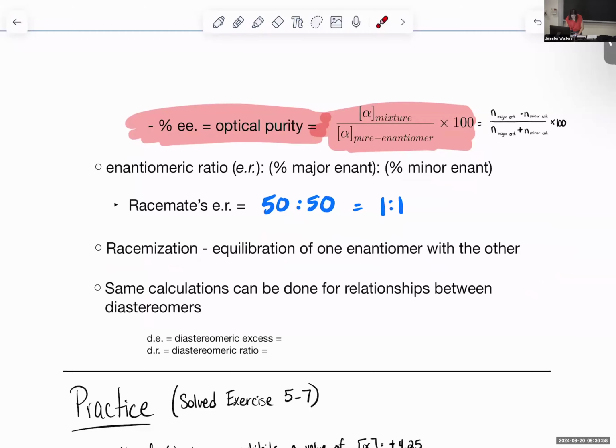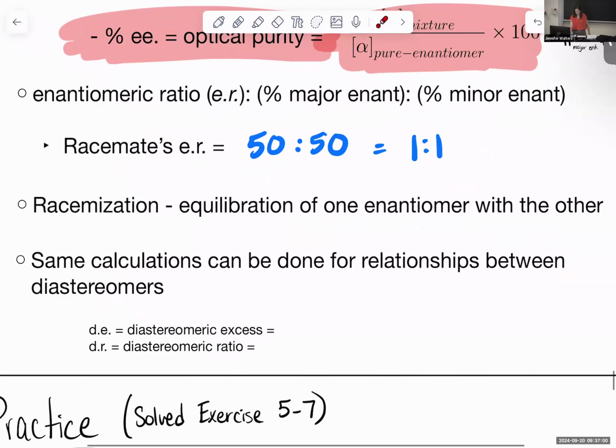Our calculations can also be done for relationships between diastereomers, in which case instead of EE, it's DE for diastereomeric excess, or DR for diastereomeric ratio. DE is just the percent of the major diastereomer minus the percent of the minor. This would be if you only have 2 diastereomers.